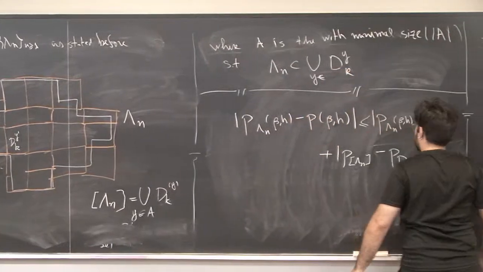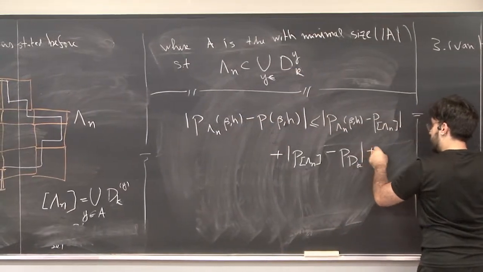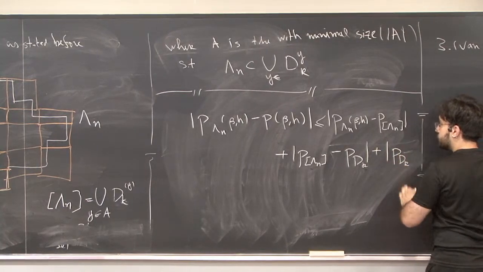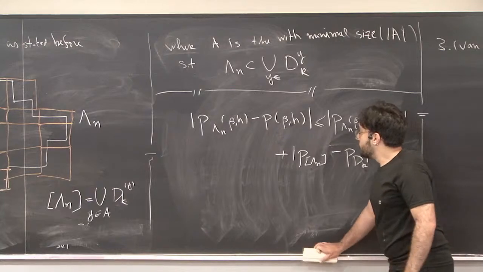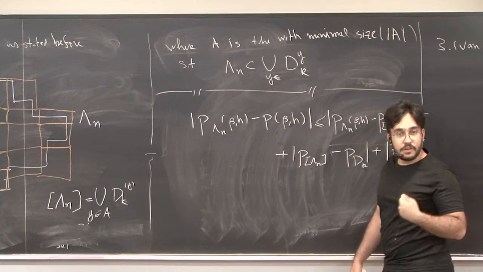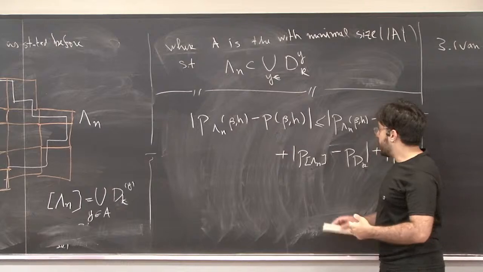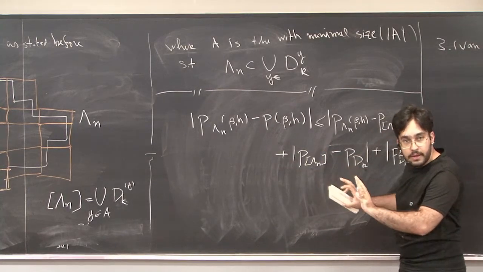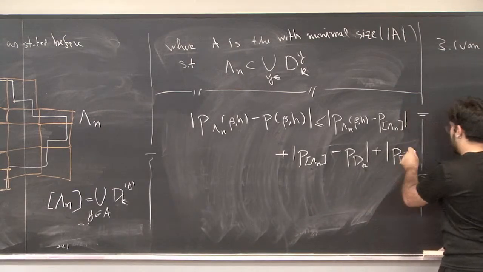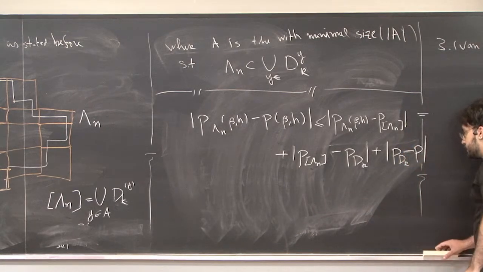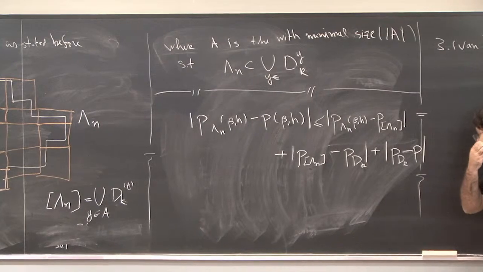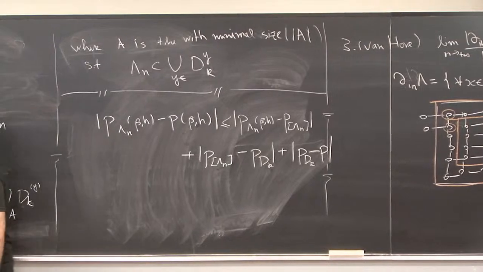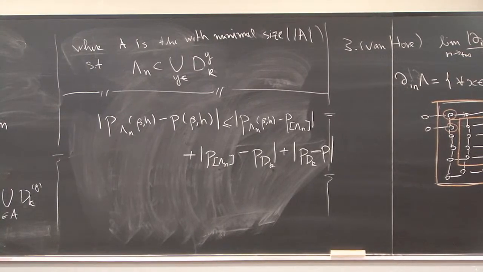Since beta and h are fixed right now, I will not write beta and h anymore, until the rest of this proposition. And notice that this inequality holds for every k.